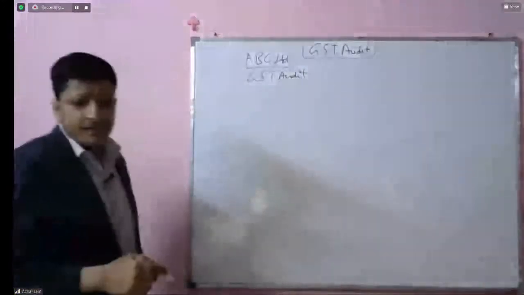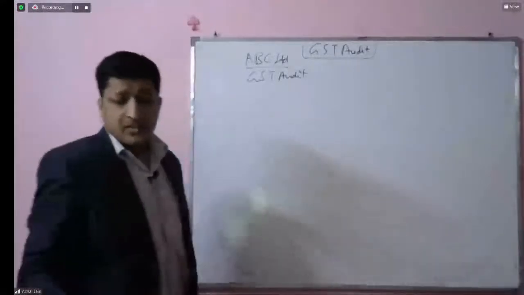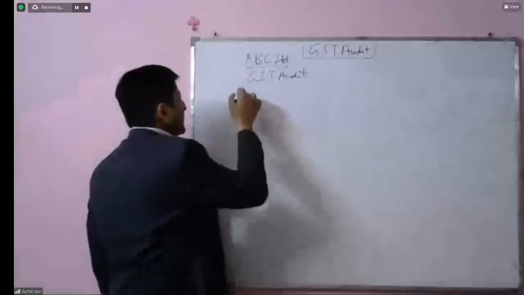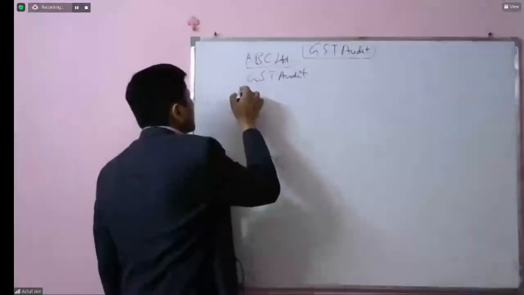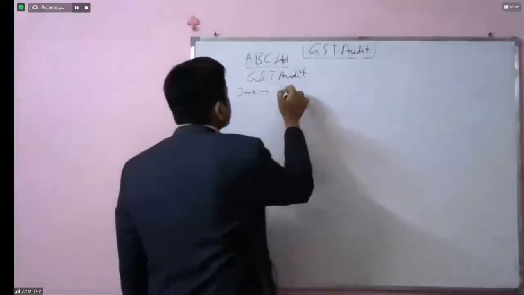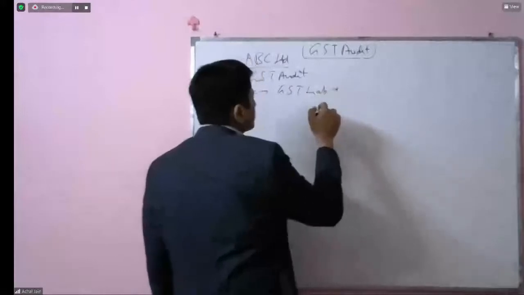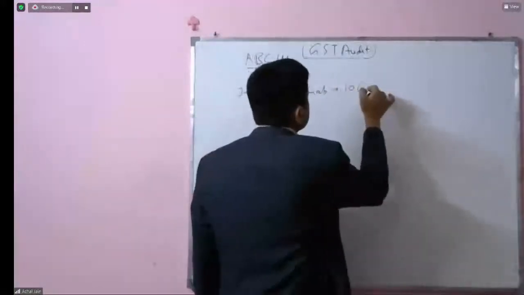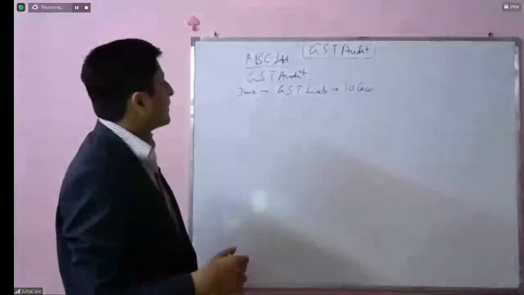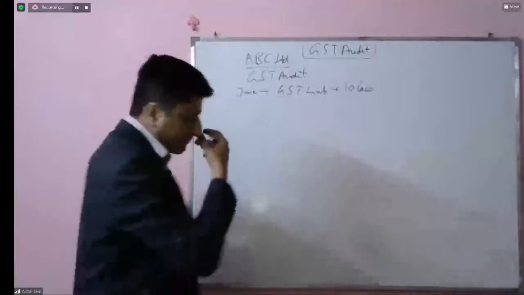All right, yeah. And the way this has been filing its monthly returns, so in the month of say June, its GST liability was say 10 lakhs. Okay, that was the GST liability, and this GST liability was paid on time.